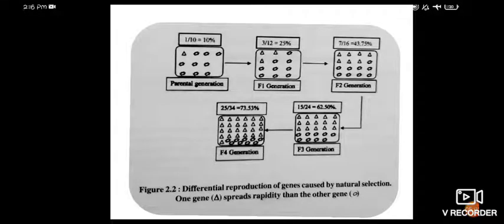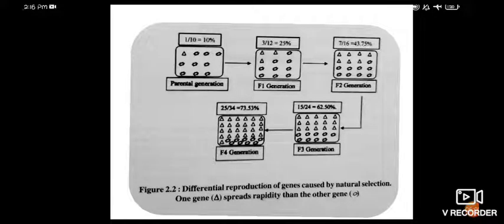So there are triangle-shaped and spherical-shaped organisms in the general, or parental, population, where the triangle shape has 1 individual and the spherical has 10 individuals in the parental population.